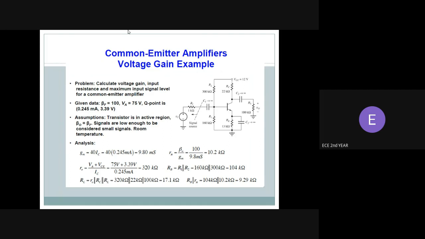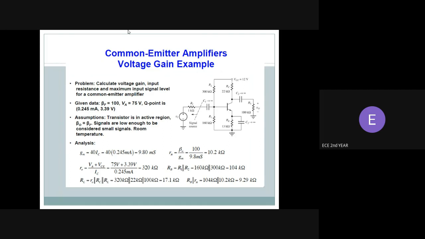Next, I'm going to calculate the output resistance, which is the output voltage divided by the output current. Ro is equal to (VA plus VCE), that is 75 volts plus 3.39 volts, divided by 0.245 milliamps, which is equal to 320 kilo ohms.